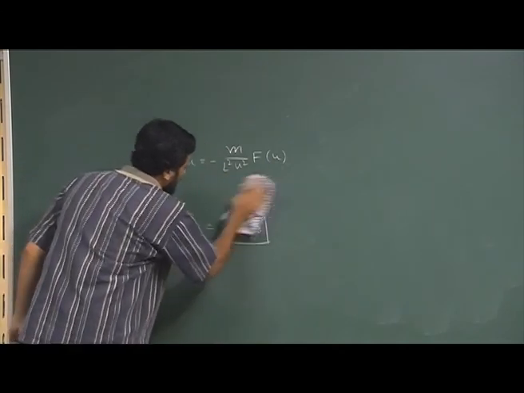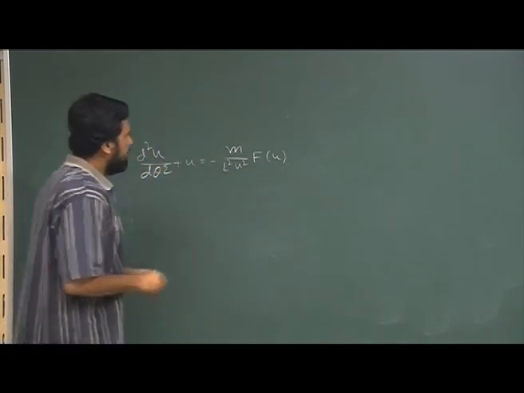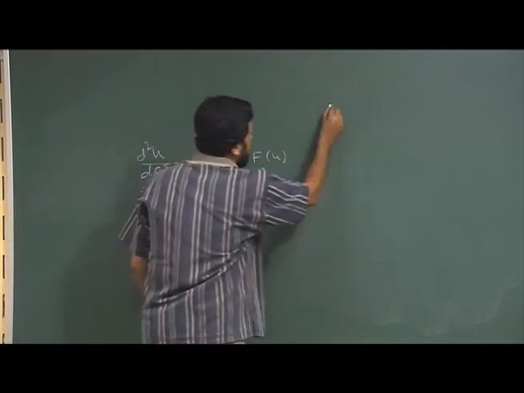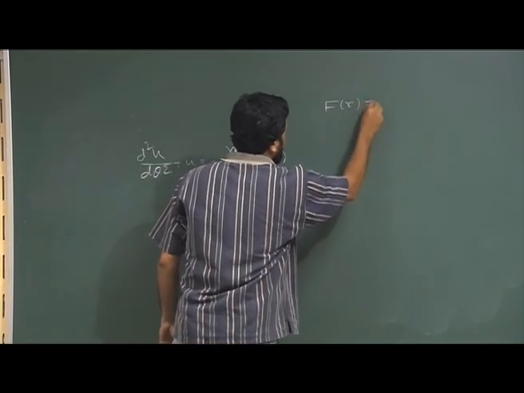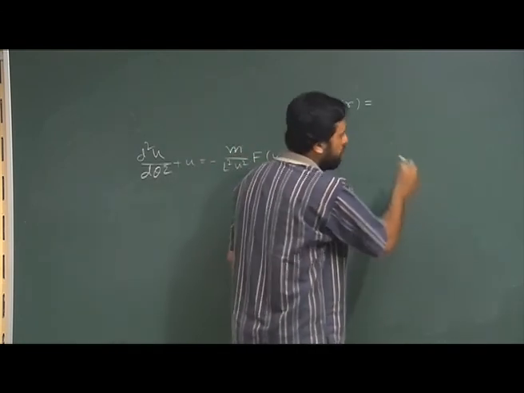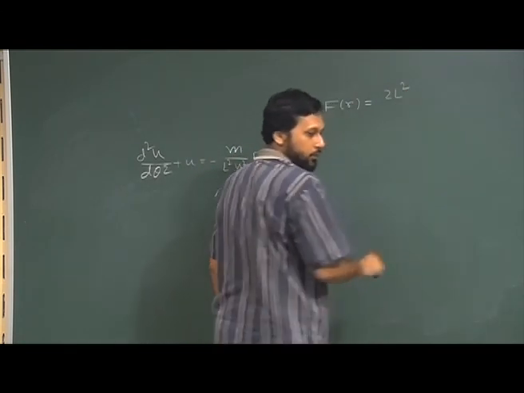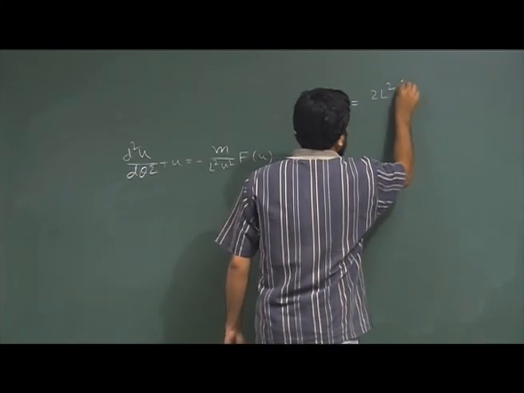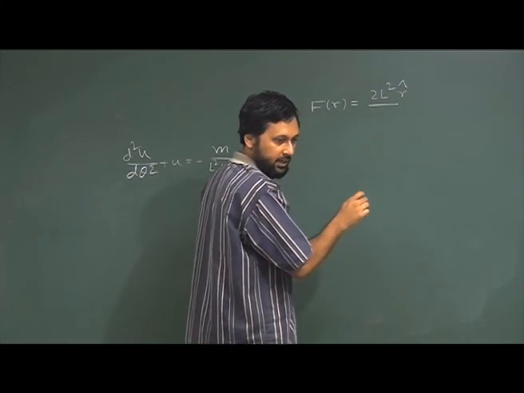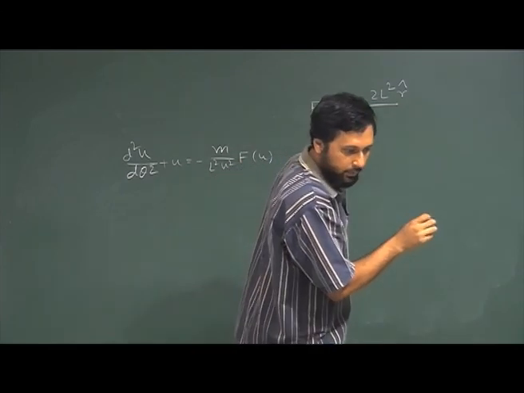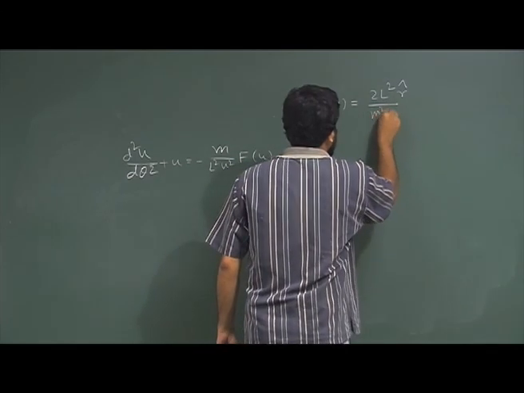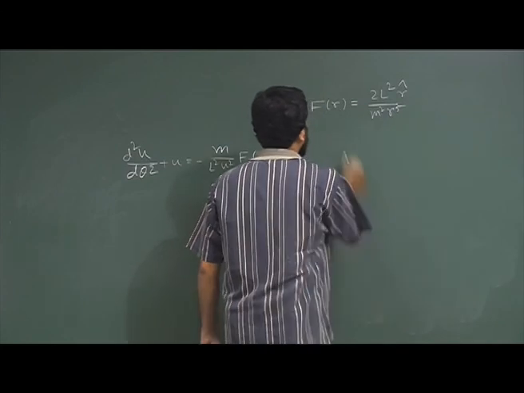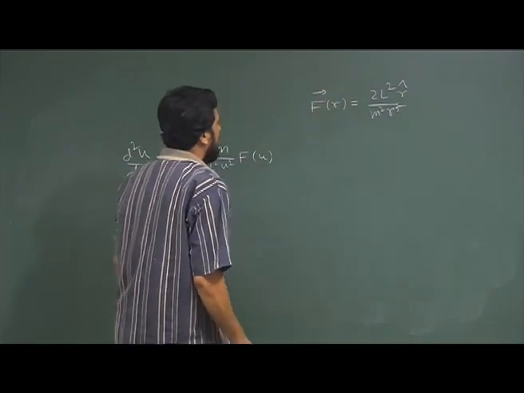Now, what is given is the force law. So, f of r is equal to 2 L square r cubed by m square r to the power 5.